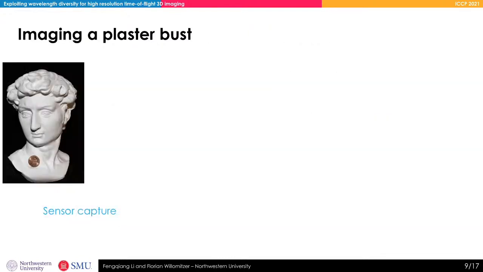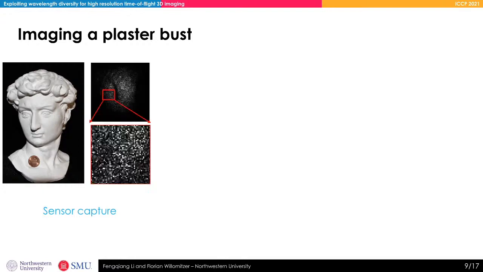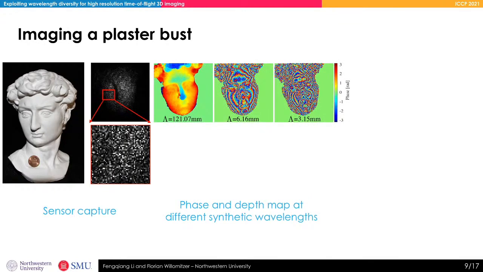Then we image a plaster bust which is about 10 centimeters in height. We can clearly observe the speckles from the sensor readout. Although there is speckle in the intensity map, we can still reconstruct the phase maps with different synthetic wavelengths. During the measurement, we use a large synthetic wavelength of 121 mm to generate a phase map without wrapping.